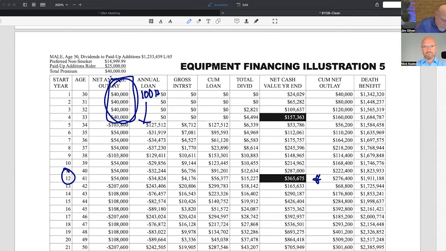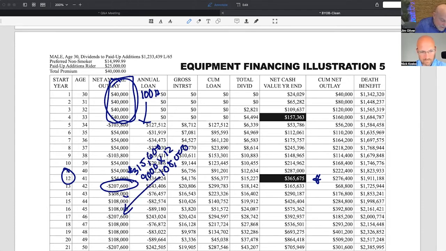Okay. But remember, at this point right here, when he increases his system, he's borrowing $315,600, right? And then he's paying back $9,000 a month times 12 is $108,000 right there. Okay.